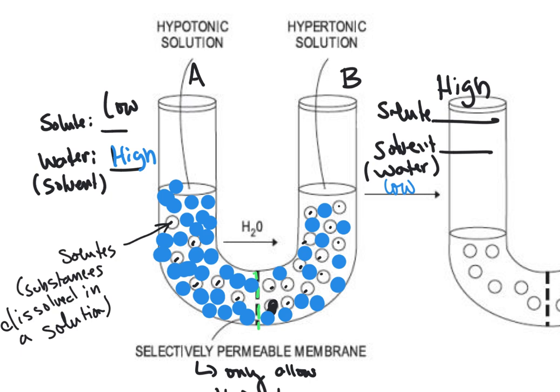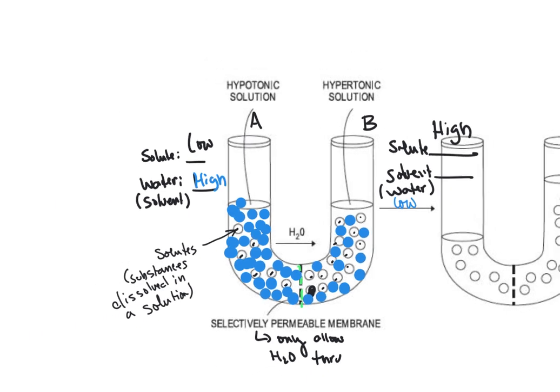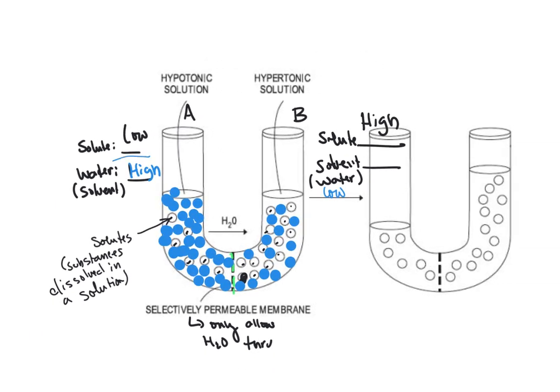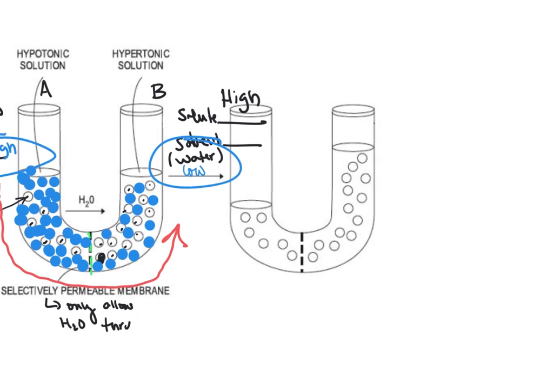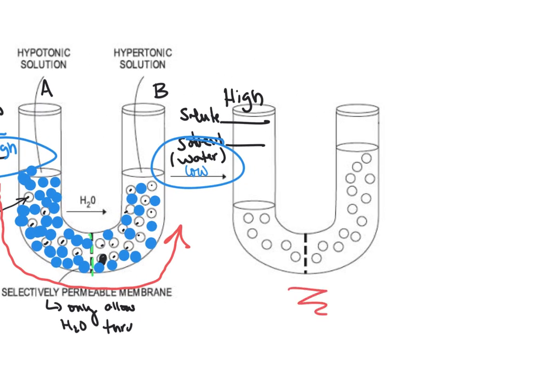All right, so we have a situation where we have high and low for both the solutes and the solvent, or the water. But remember, osmosis is just the movement of water. And so I'm concerned about these two things here. And we know that water goes from high to low. So in that case, the water should leave from side A and move to side B until it reaches equilibrium, which in this case is what happens.